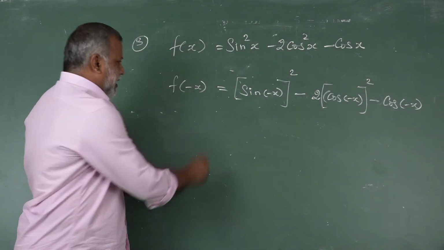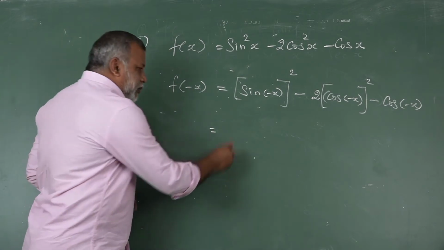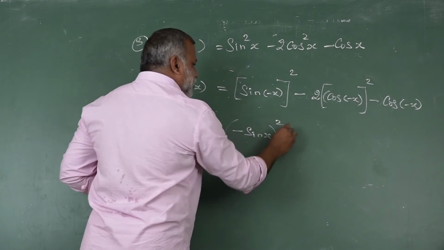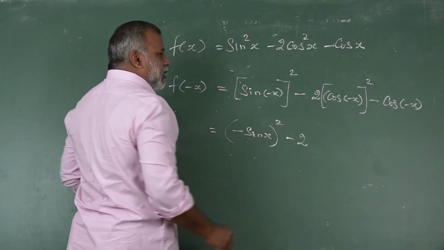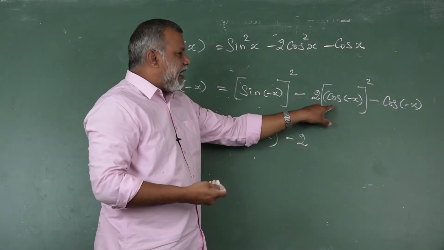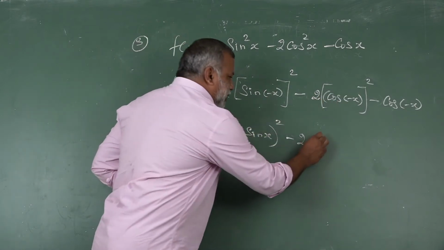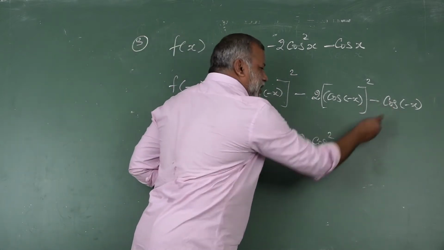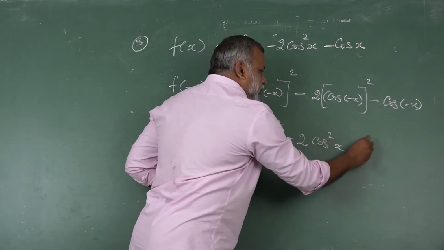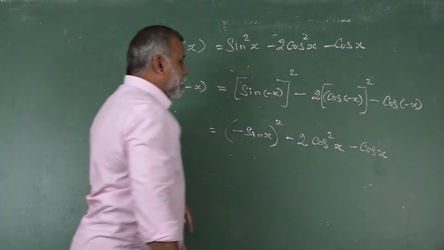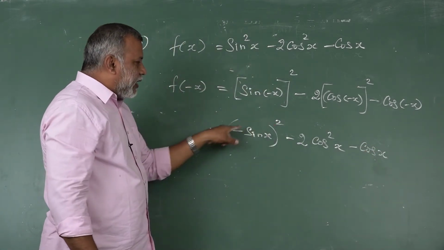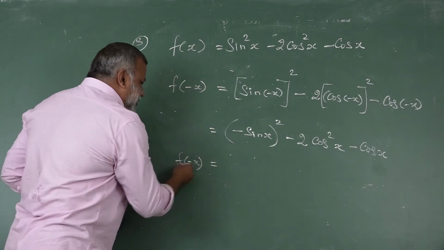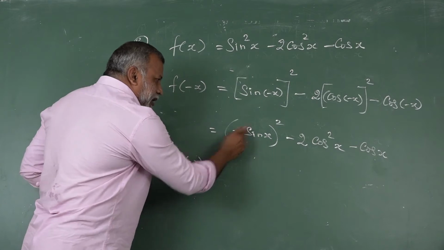Now see this question. Here sin emits the negative, therefore minus sin x whole square. Here 2 is the coefficient, but here cos absorbs the negative, automatically it will be positive. We can write it like this: cos squared x. Here once again cos absorbs the negative, therefore it will become cos x. Now this square, that means squaring the negative, we get positive. That means f of minus x will become positive because of the square.